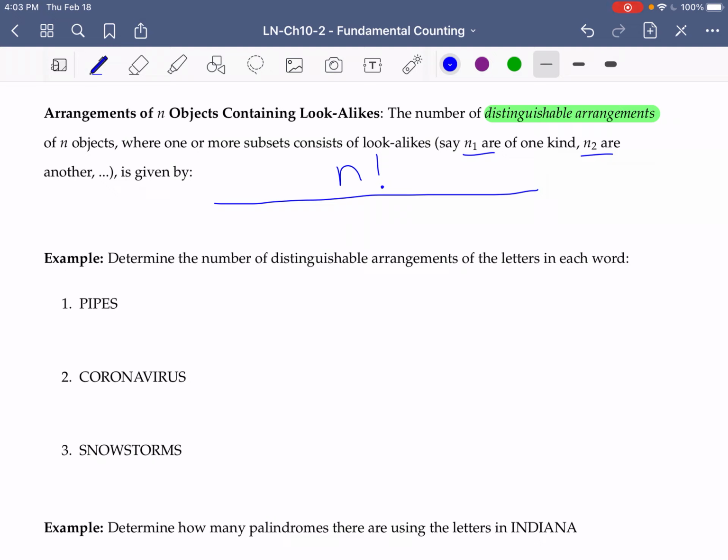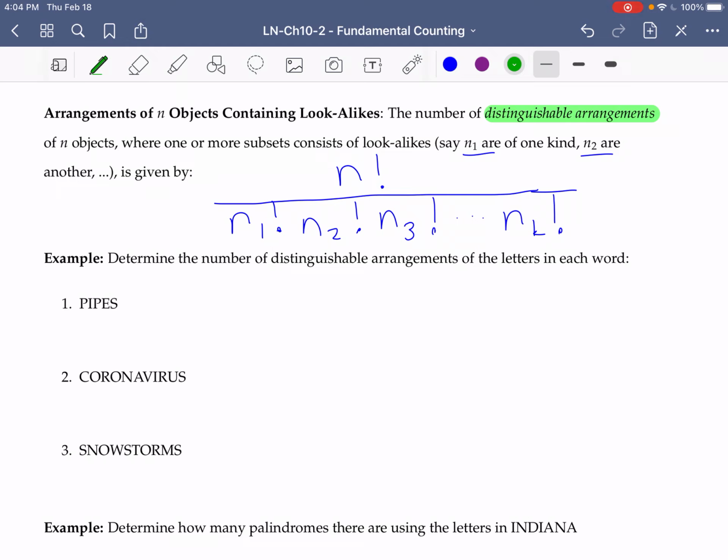So what we do is we divide by n1 factorial, the number of ways we could arrange the items of the first type, times n2 factorial, times n3 factorial. All this stuff we are dividing by. So that is our formula. That's the idea. Let's take a look at a couple of examples.